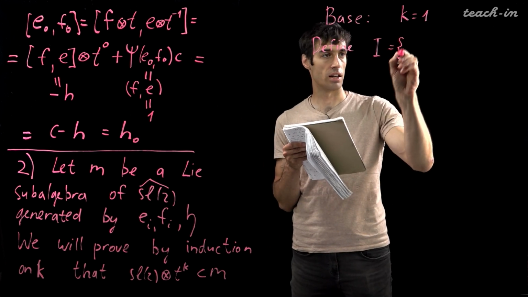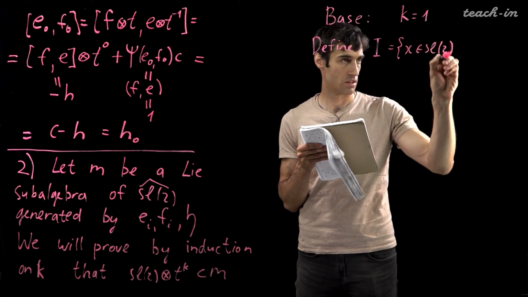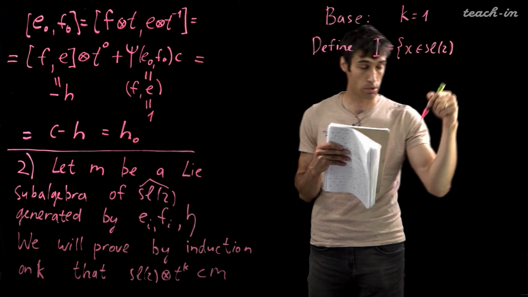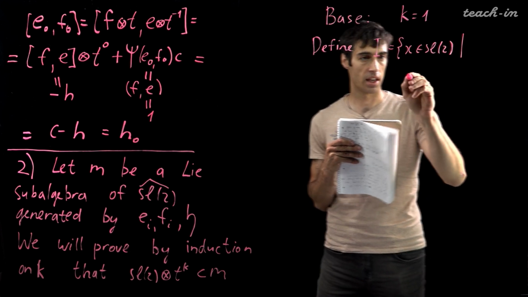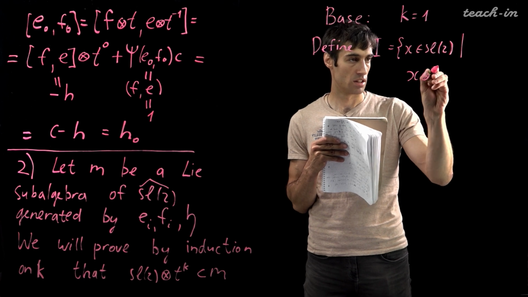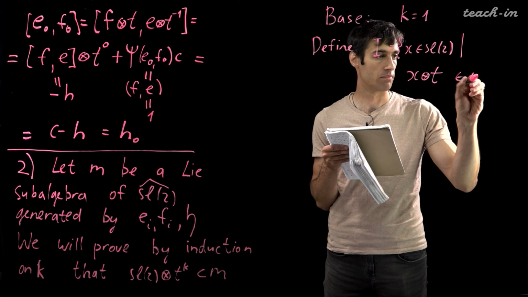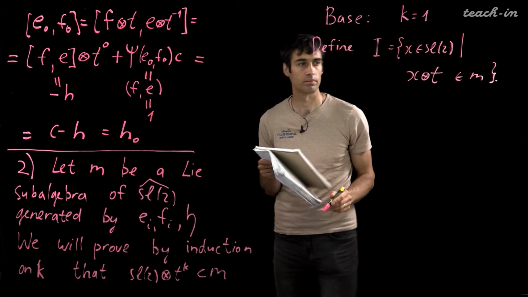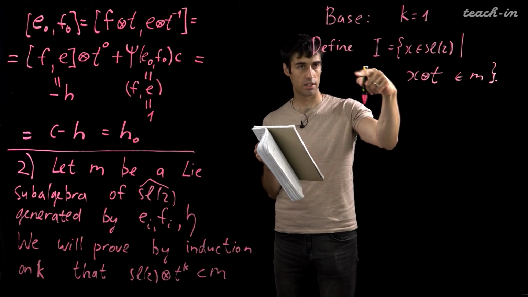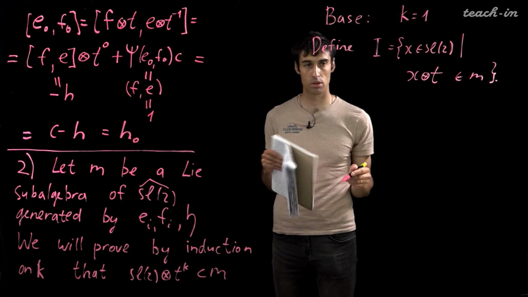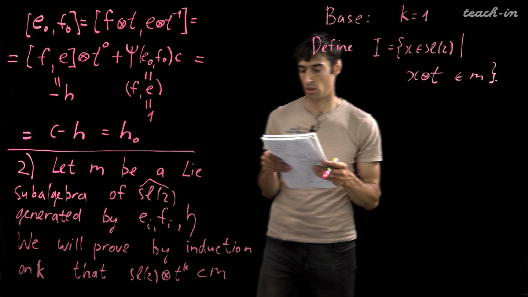So these are all elements X, not in SL2 hat but in SL2, such that X tensor T, just in the first power, belongs to M. I would like to see that it is a non-zero ideal in SL2, therefore it coincides with SL2.